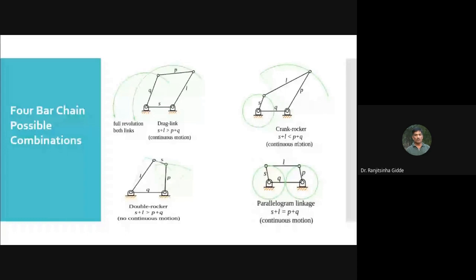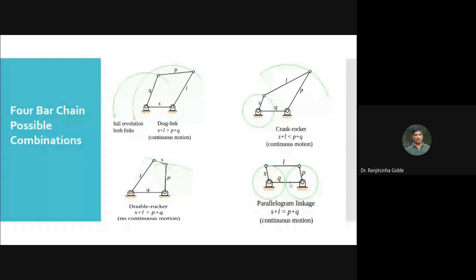Again here Q is fixed, and this S and P have the same length, and this L and Q have the same length. Then we can have this continuous motion.